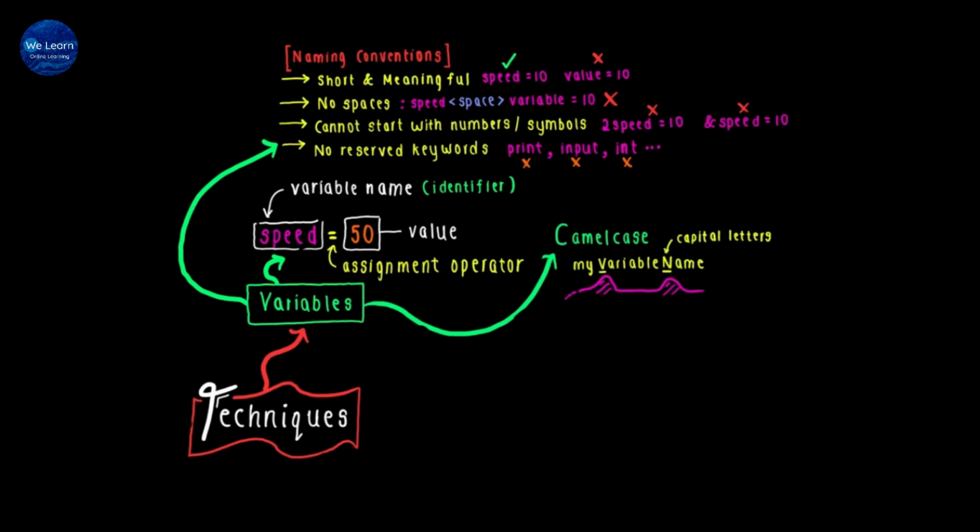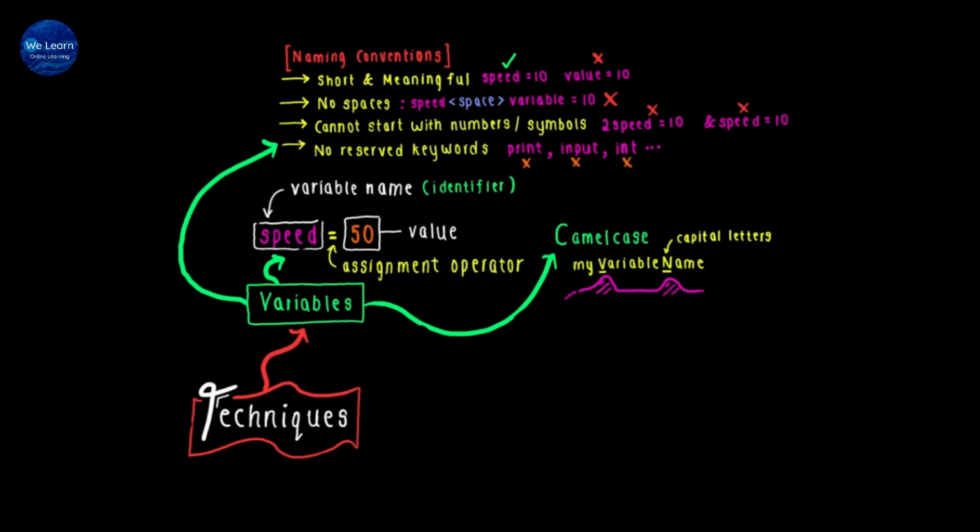Now moving on to another section of variables. Since variable names are not always simple, you might have to write variable names consisting of multiple words. There are three main ways that we can do this. The first way is to use camel case. Camel case is where the multiple words in your variable name are connected as one word, but each word's first letter is written as a capital letter.